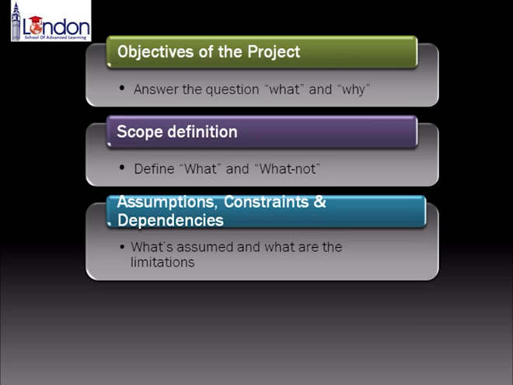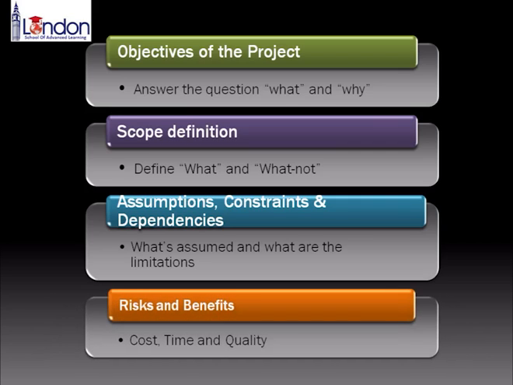And then you also have to discuss the risks and the benefits of the project itself, or in other words, the risks around meeting the business requirements and also the benefits of meeting them. Usually the cost, time and quality will mainly be discussed in this section.